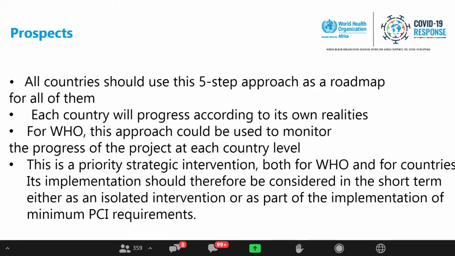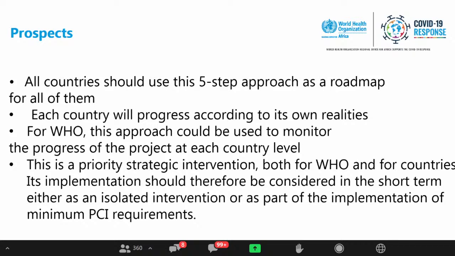The prospect. As you can see, all countries should use the 5-step approach as a roadmap. Each country will progress according to its own realities, so each country is unique based on its own context. For WHO, this approach could be used to monitor the progress of the project at each country level.